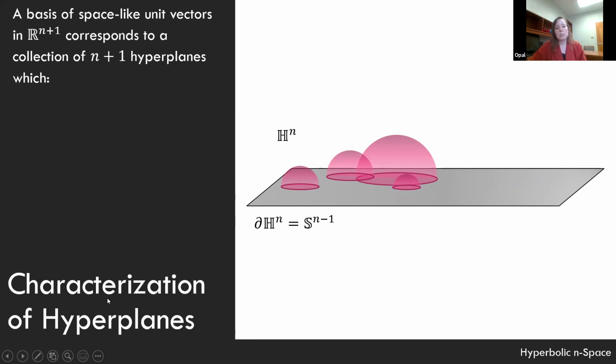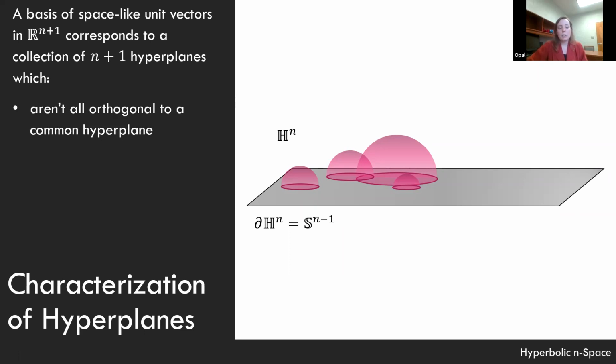So at this point, we want to characterize what's happening with the hyperplanes corresponding to, if I have four space-like vectors being my basis, for instance. In that case, what does that basis of space-like unit vectors do to the collection of four hyperplanes involved? We're going to characterize it by what it can't be.